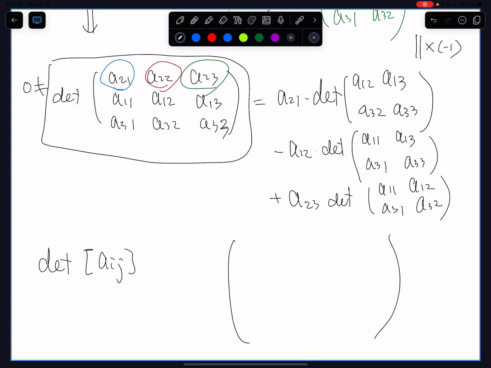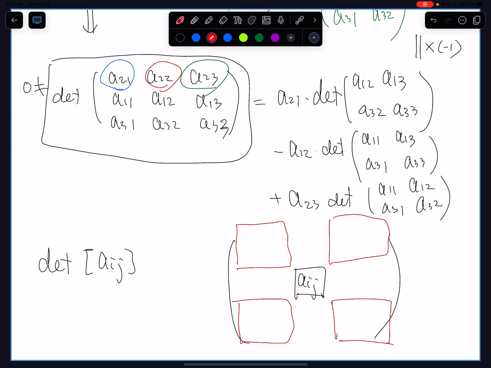So here's matrix Aij. Let's think of an element Aij, a component Aij. Then you have a submatrix composed of these red squares, right?